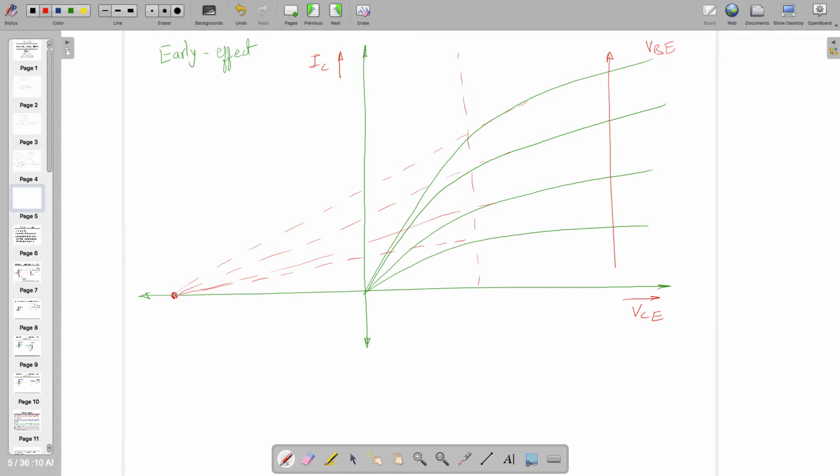That was the Early effect in reality, that it's going to meet here at the voltage called VA, and that is the potential which will be included in your equation. And similarly, the same thing is happening for the case of channel length modulation.